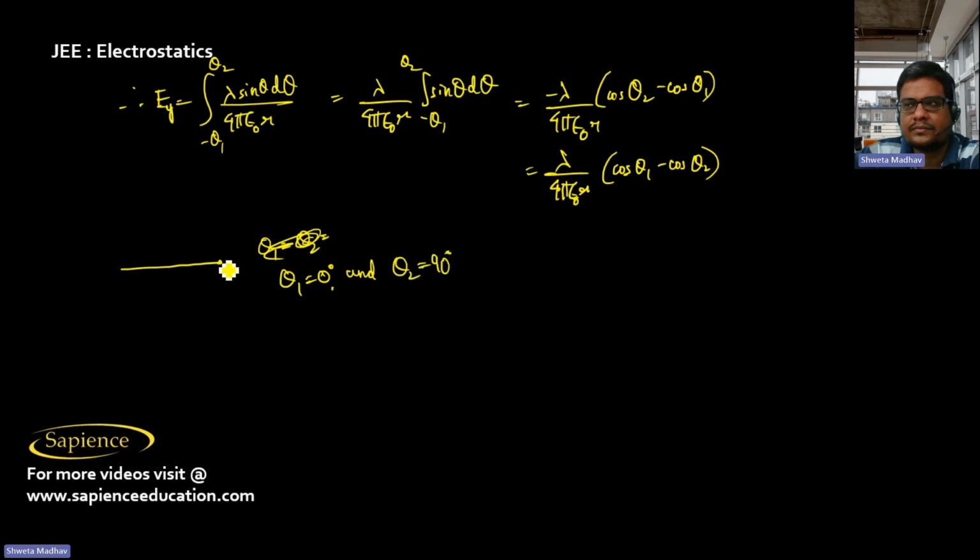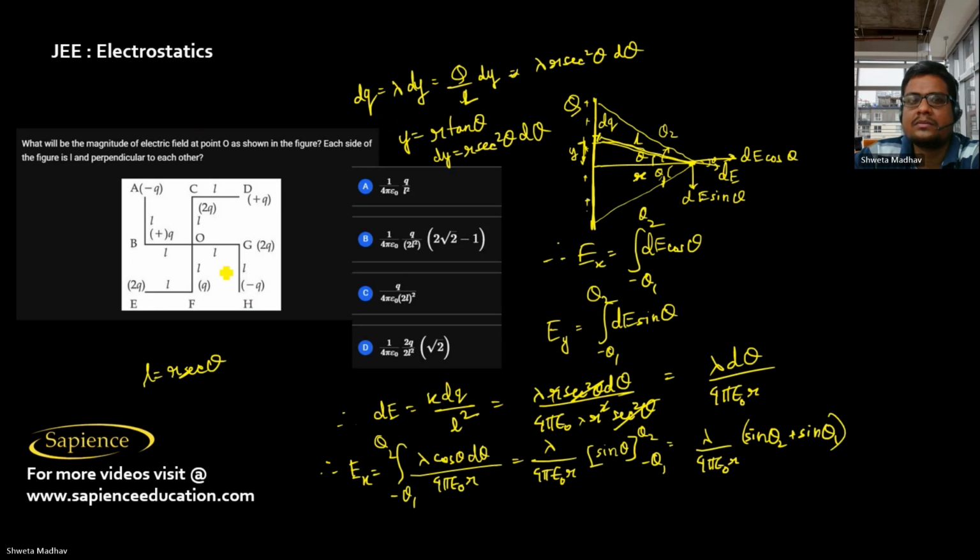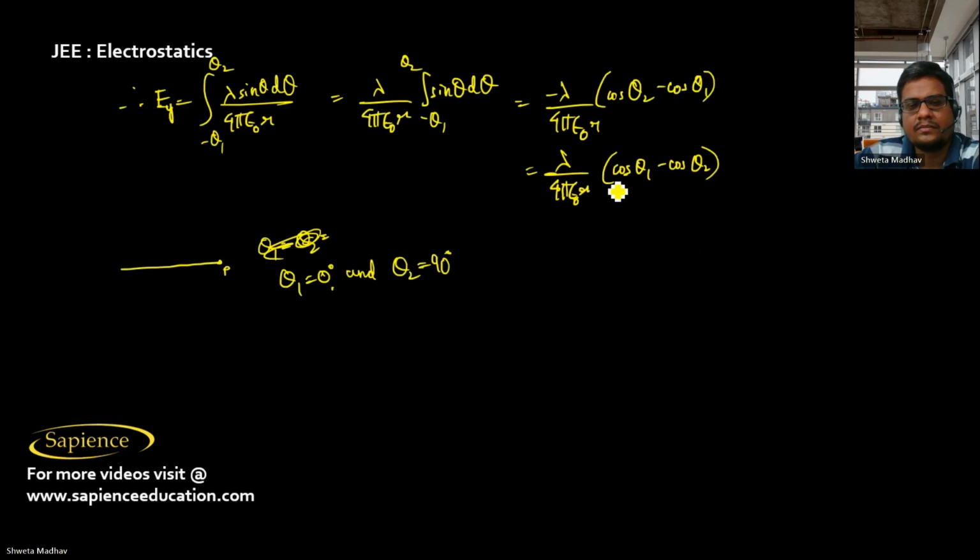So the x component will be, but here r is 0 only. So there will be no electric field.